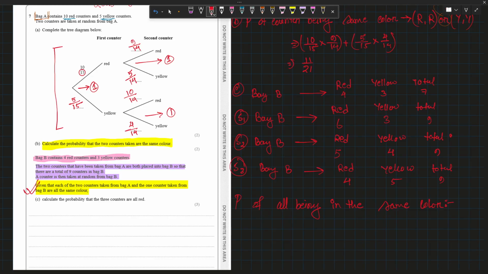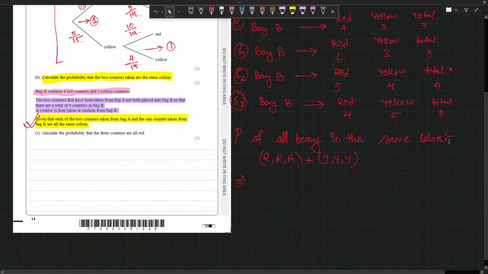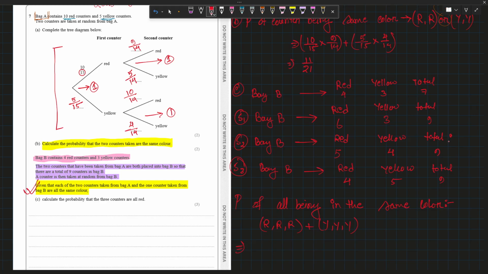That is red, red and red, plus yellow, yellow and yellow. I'm taking 1 counter from bag B. So this will come from bag A, this will come from bag A, and this will come from bag B.